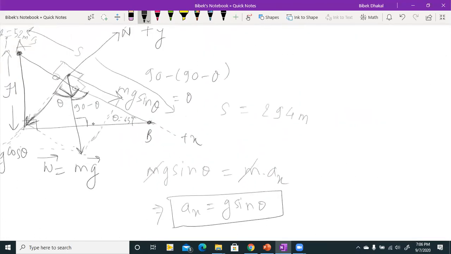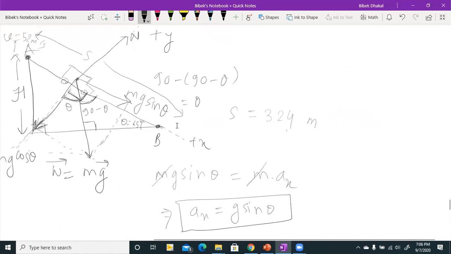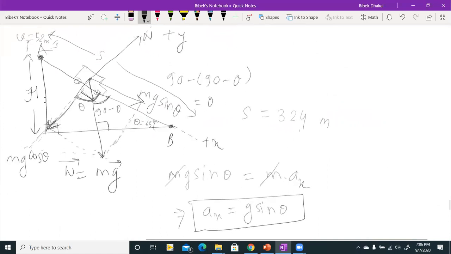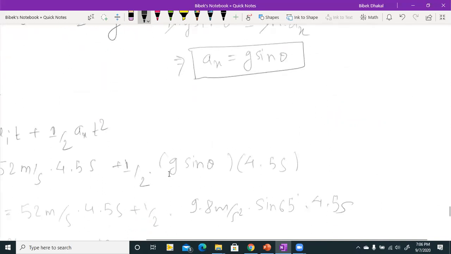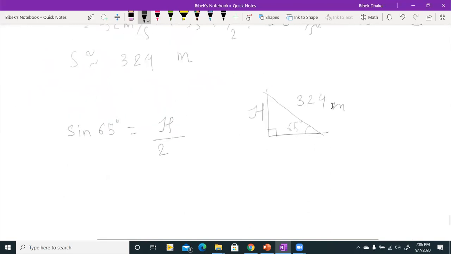So if this is a right triangle and this side is 324, then what we can guess right now is that this distance has to be less than the hypotenuse. In a right triangle, the greatest distance is the hypotenuse, which is opposite the 90-degree angle. So that is over 324.